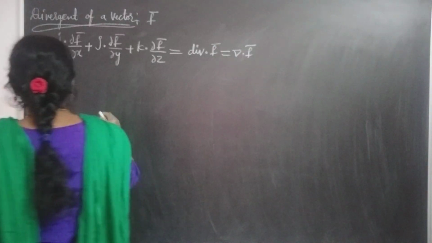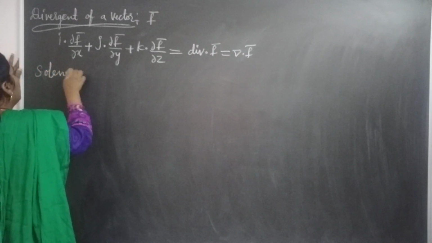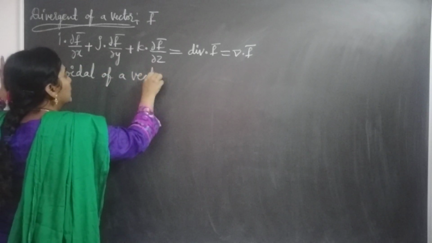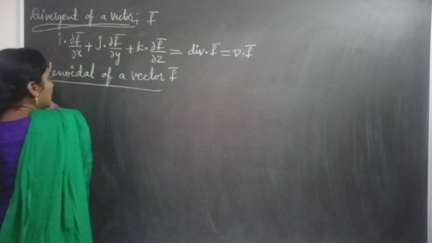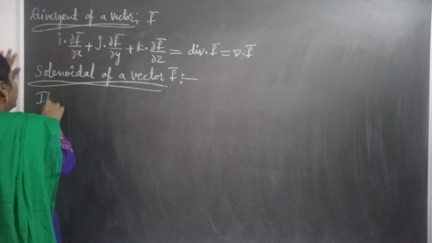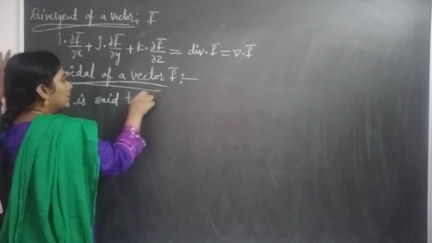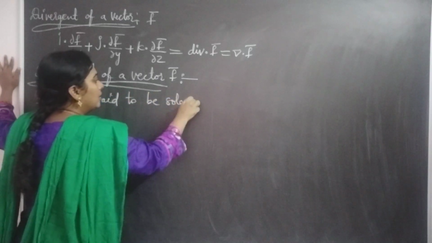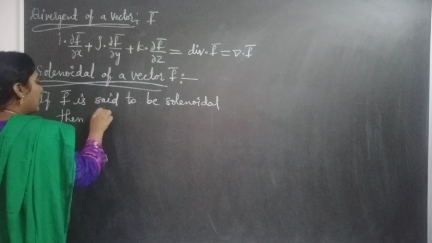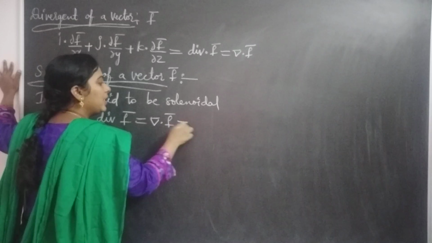The solenoidal of a vector. If f vector is said to be solenoidal, then div f bar or del dot f bar must be equal to 0.